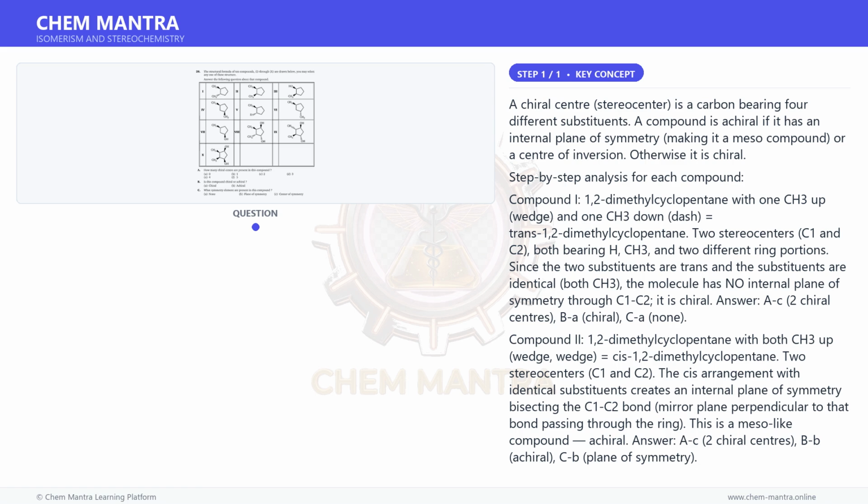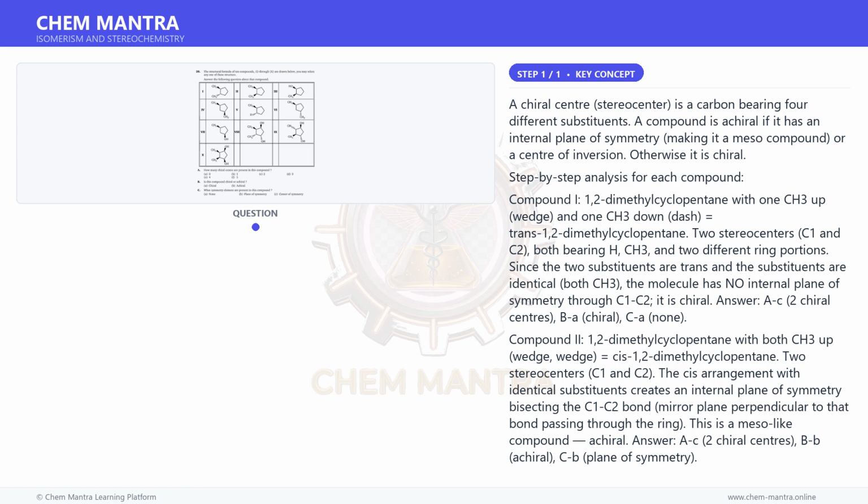Two stereocenters with different substituents, CH3 versus O. Chiral. Answer: A, C, 2 chiral centers; B, A, chiral; C, A, none. Compound 8: cyclopentane with 4 substituents, CH3 and CH3 at C1, C2, and O at C3, C4, with specific stereochemistry giving 4 stereocenters.